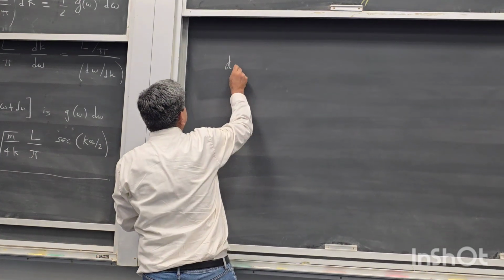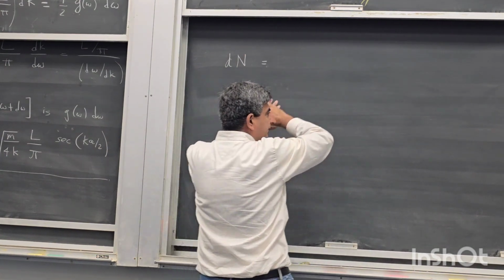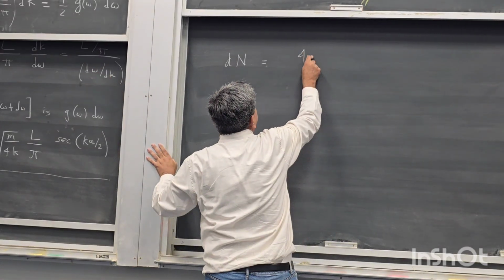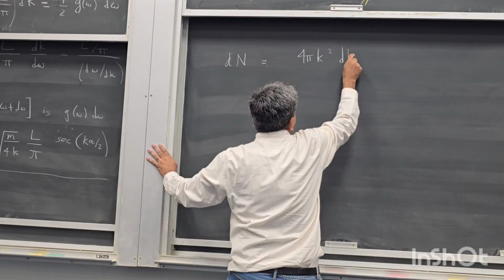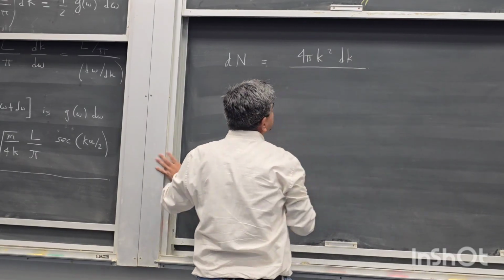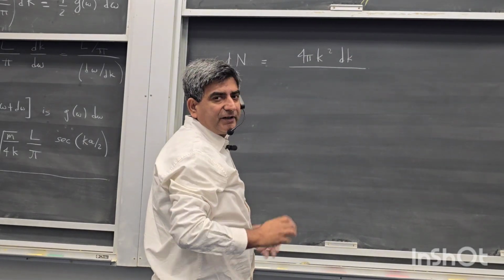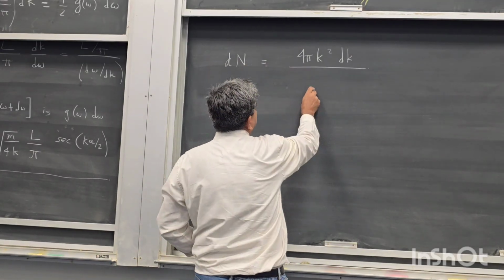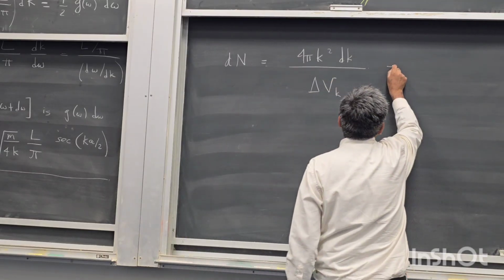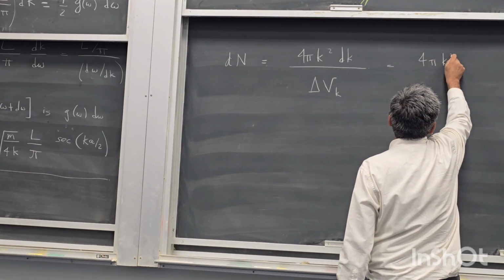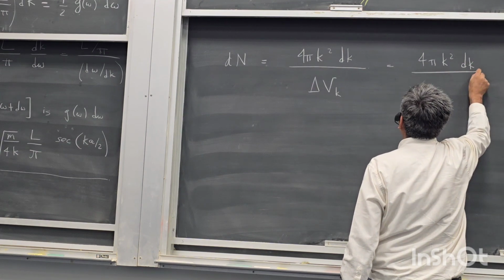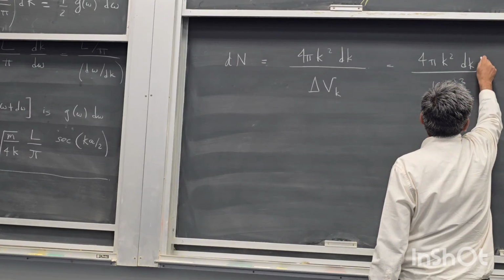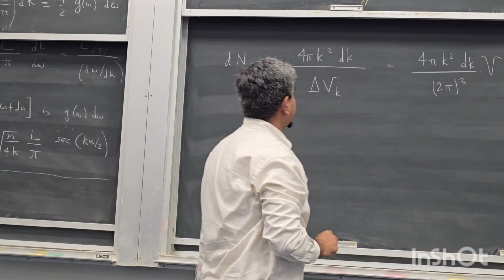The number of modes dn, once again in 3D, is the volume of the shell, 4 pi k squared dk, divided by the volume of each infinitesimal cube, which corresponds to the size that one mode takes inside the reciprocal space, delta Vk. We've already found delta Vk is 2 pi cubed over the volume of the cell.